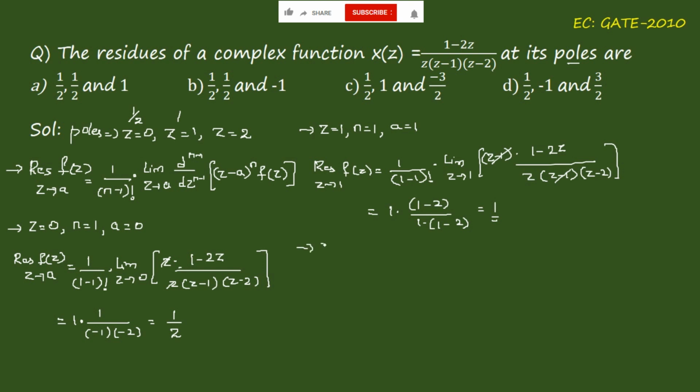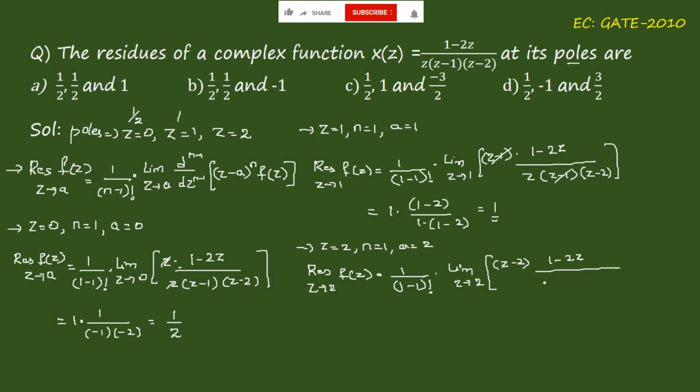Now we're finding for z is equal to 2. Here also n is equal to 1 and a is nothing but 2. So residue for z tends to 2, f of z is equal to 1 by 1 minus 1 factorial into limit z tends to 2, and no need of doing differentiation. 1 minus 1 is 0, so it becomes z minus 2 into 1 minus 2z by z into z minus 1 into z minus 2, right?